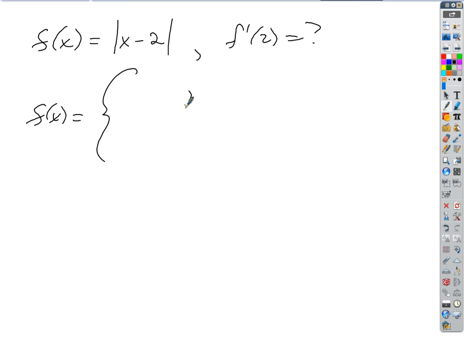When is it going to be just the absolute value of hand would just equal hand whenever it's positive, right? So in this case, the absolute value of x minus 2 just equals x minus 2 whenever x minus 2 is greater than 0. Well, if I solve for x, what do I get?